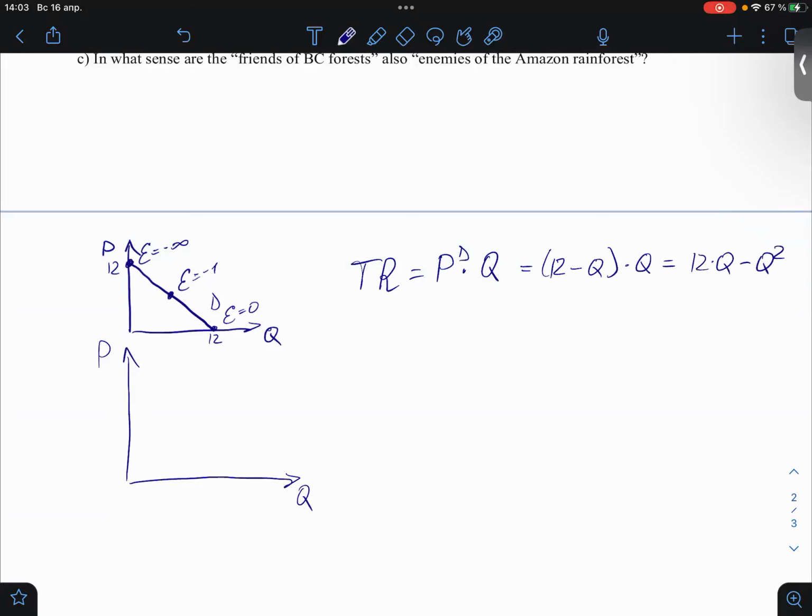This is a quadratic function, the graph is a parabola with branches down, and the highest point is minus b over 2a, and this will be minus 12 over minus 2, which is 6. So when quantity equals 6, total revenue is maximized. So how our parabola looks like: here 0, here 12, these are roots of the quadratic equation, and the maximum is in the center, 6.